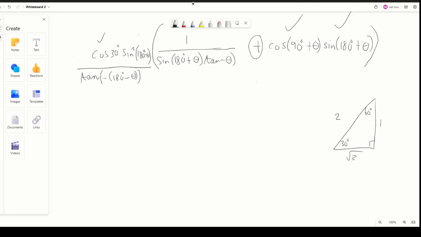From the theorem of Pythagoras, the cos of 30 clearly from here is adjacent over hypotenuse: square root of 3 over 2. You agree with that, guys? Cos of 30? Yes, sir. Great. Okay, remember that.